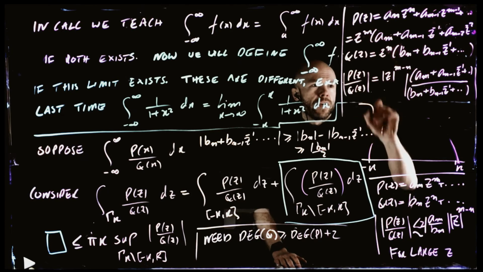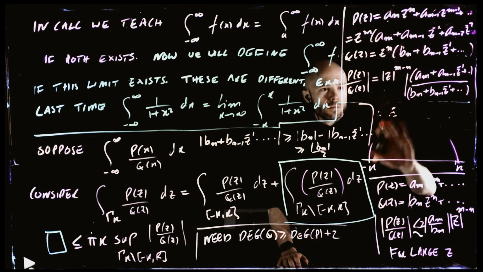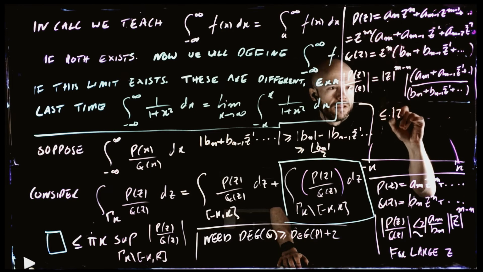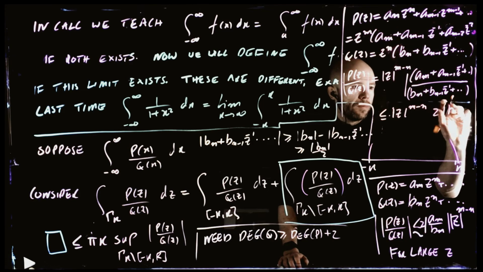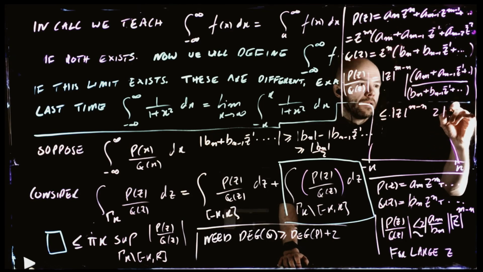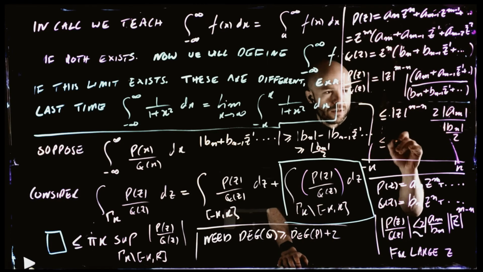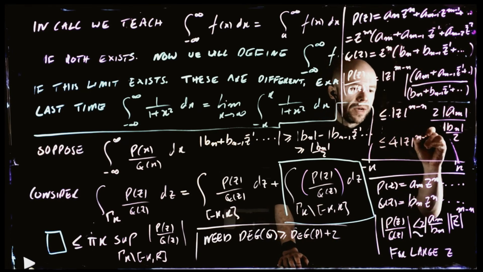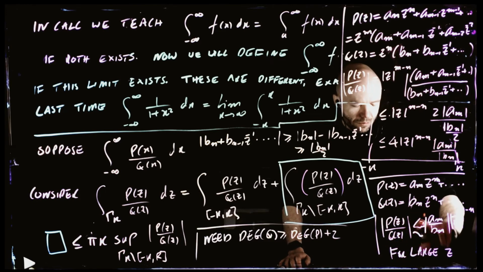So then this entire expression is less than mod z to the m minus n, and then twice am over half the absolute value of bn, so it's less than 4 mod z to the m minus n, times am over mod bn.